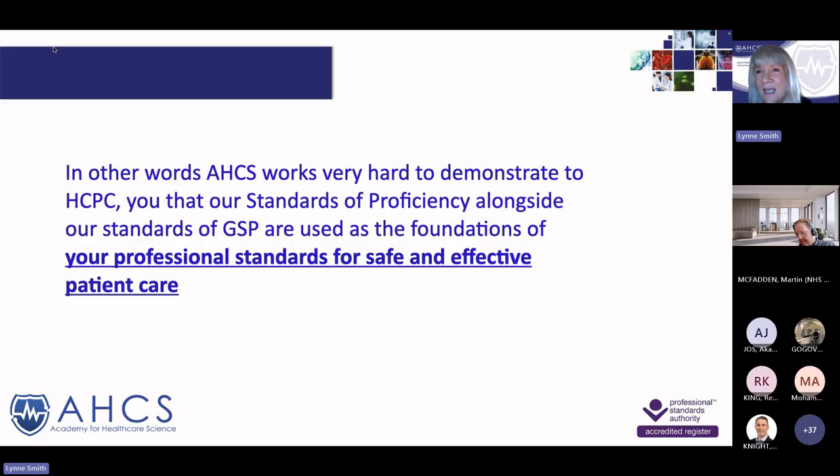So when we ask you to go through the equivalence processes, etc., we are checking you against our standards, and we are looked at by HCPC and PSA, and particularly by the patients and the public, to ensure that we've got the highest professional standards that there are.